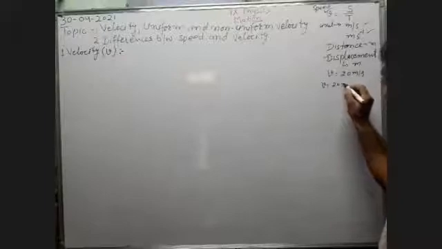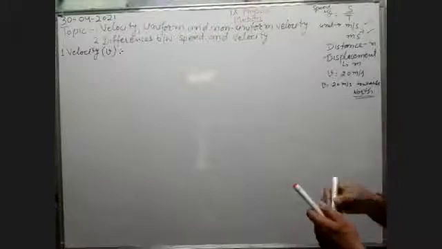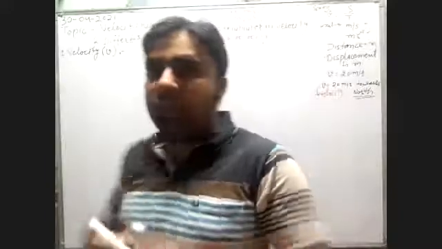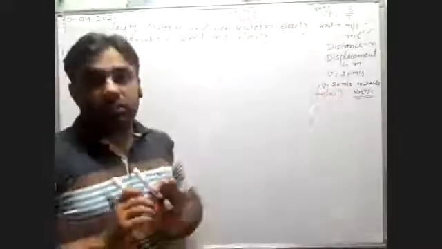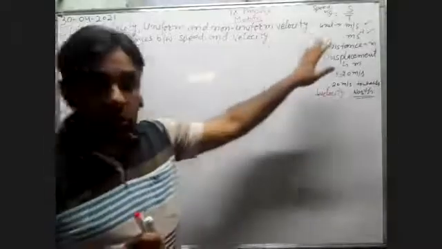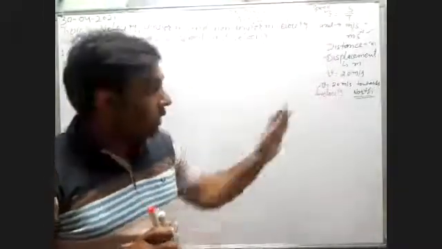And if I am saying the object is moving 20 meters per second towards north, here direction is also given, then this speed will become velocity. So the basic difference between speed and velocity is the direction. We measure velocity with the same instrument as we use for speed. The unit will also be same.